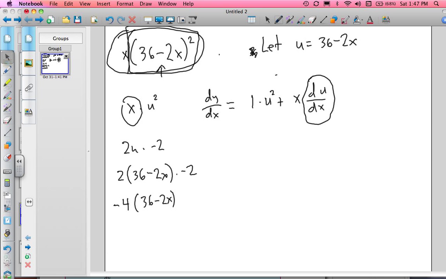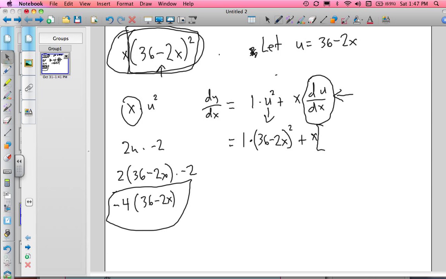Okay, so here we are. This equals 1 times that function in there, so it's (36 minus 2x) squared. Plus x times what we found this to be, which was -4 times (36 minus 2x).